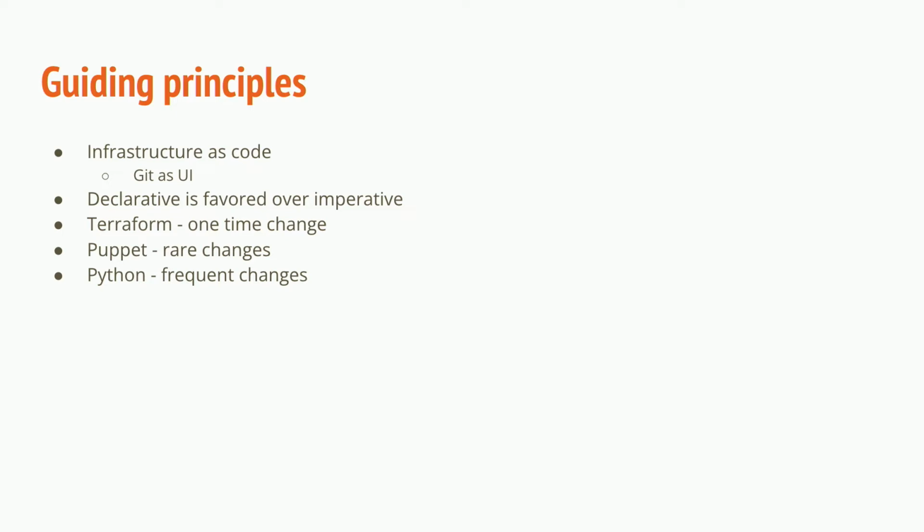You create a load balancer, you create an autoscaling group, and you don't change it unless there is a good reason to do so. Puppet is a more frequent change. If you need to upgrade management software version, this is the job for Puppet. If you need to update config, again, this is good for Puppet.